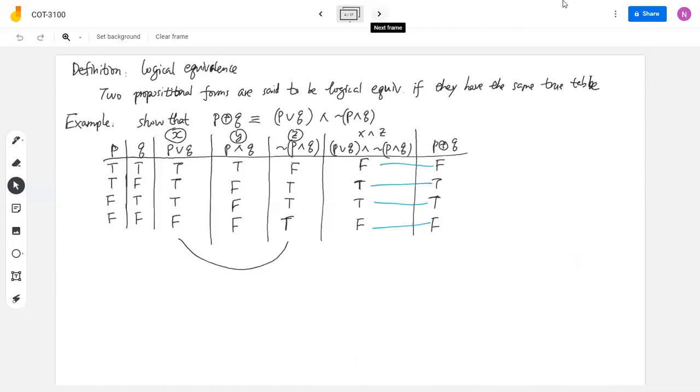And so we're done, and then we place this special symbol, this black square, to denote the end of proof. Sometimes it's called QED.